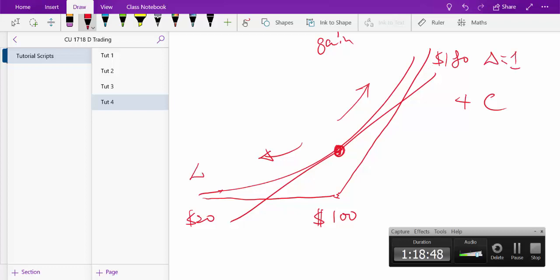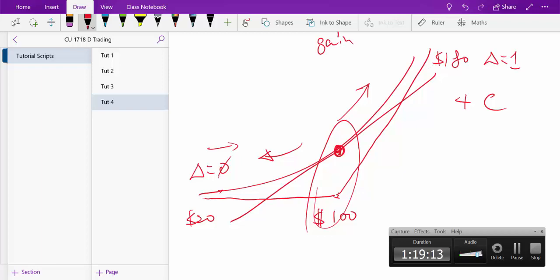I know that delta would be close to 0. But not only that, it doesn't change a hell of a lot, but around here it changes very fast. And it does not change at a constant speed. Okay, that is the important point. The speed of change really picks up.